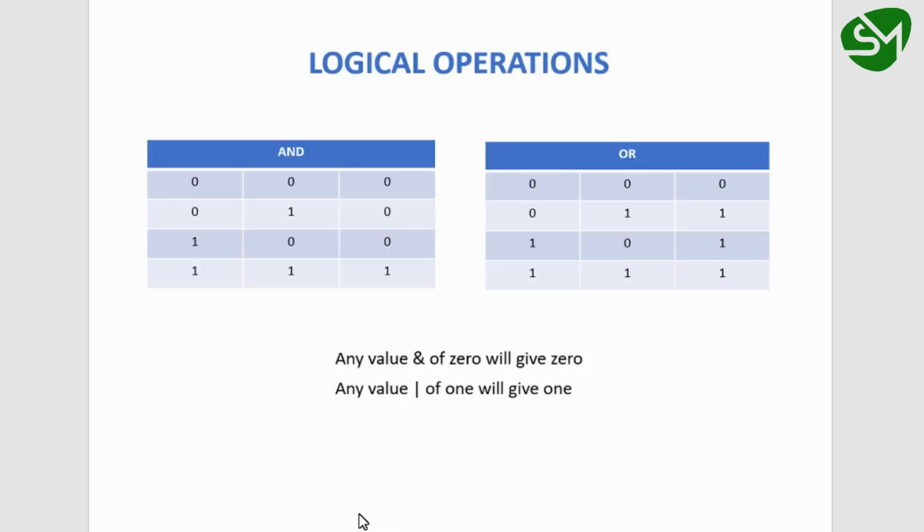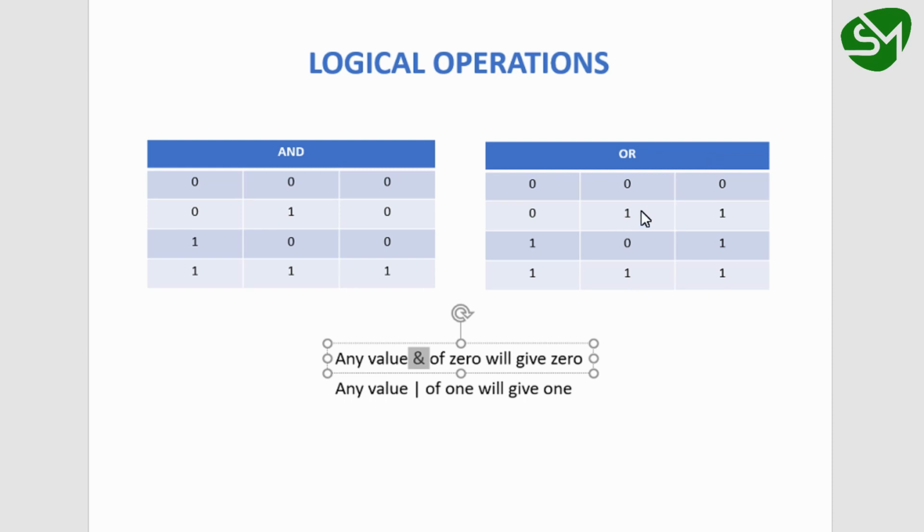Before that, I just want to remind you of two logic gates, that is AND and OR. In an AND gate, we know the result for 0 0 inputs will be 0, 0 1 will give the output 0, 1 0 will give the output 0, and only 1 1 will give the output 1. So this is the truth table for the AND gate, and this is the symbol for performing the AND operation.